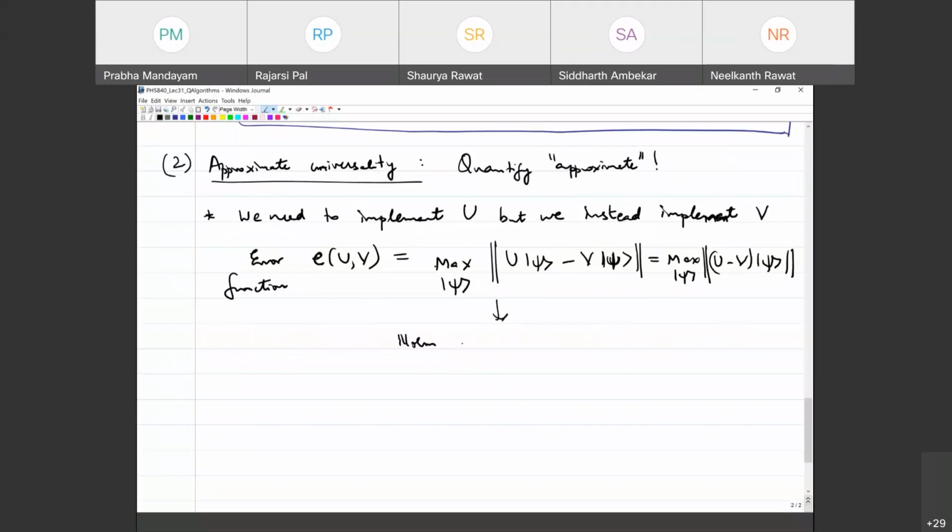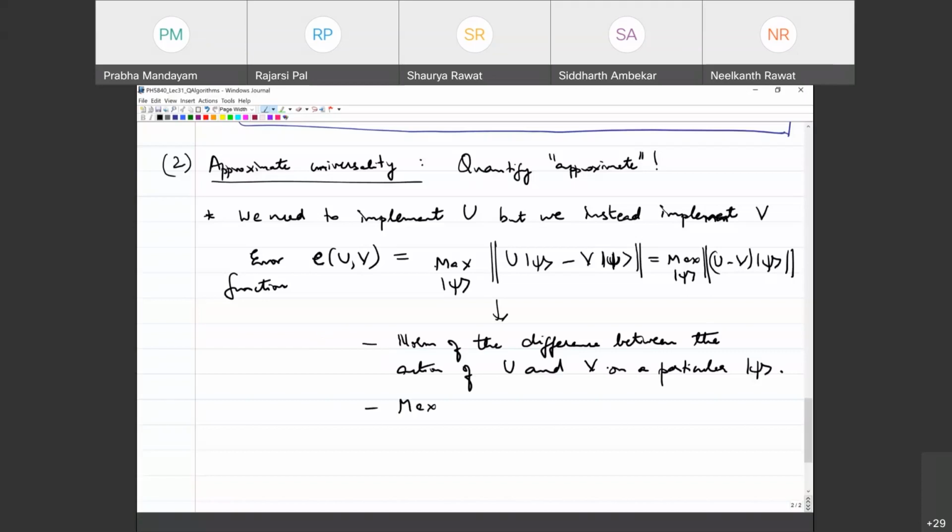In words, this is the maximum norm of the difference between the action of U and V. So basically you take the norm of the difference between the action of U and V on a particular psi, and then you maximize this over all psi in your space.